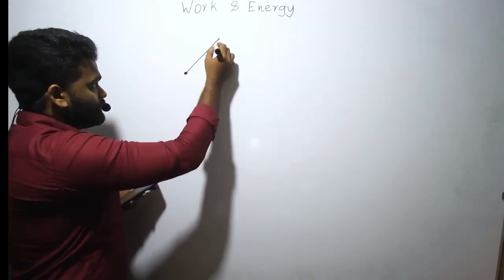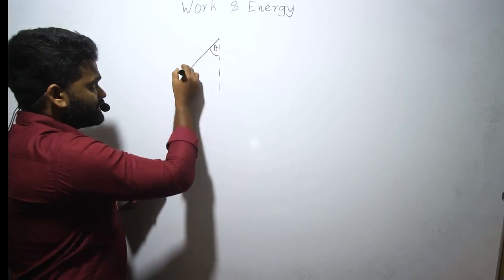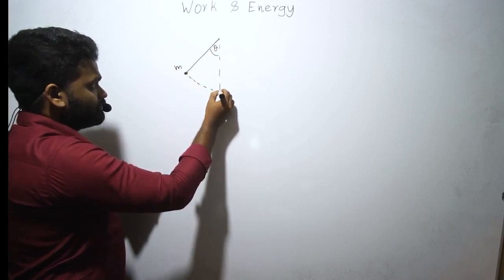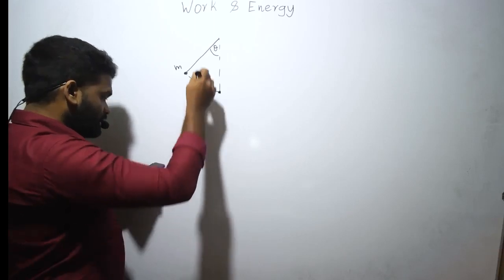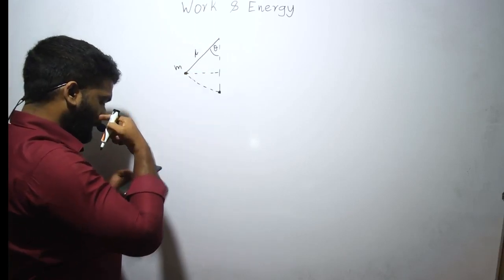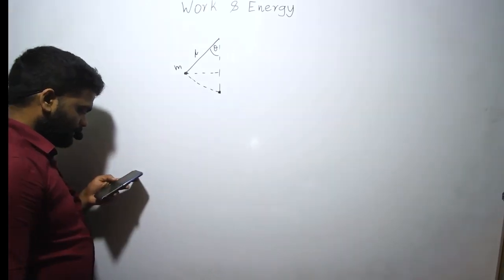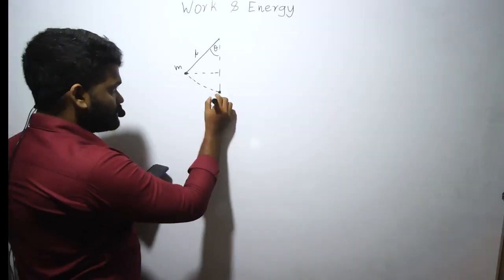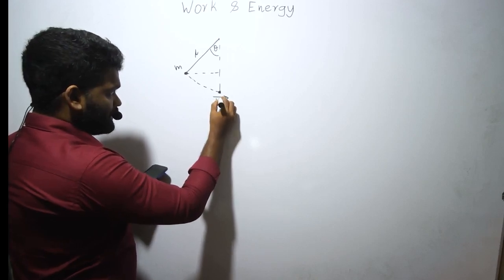So we have a simple pendulum and this angle they say theta, mass is m. Now the length is given as L. When it is released, the speed it gains at the bottom.